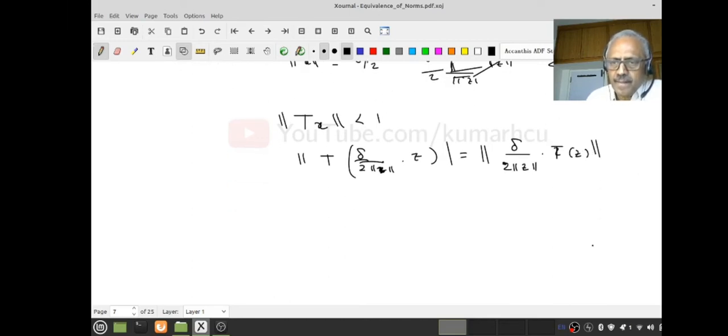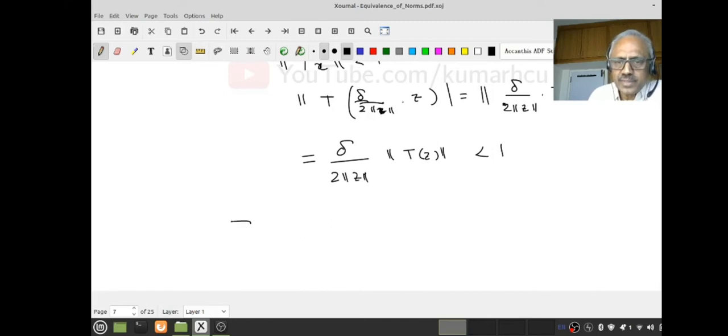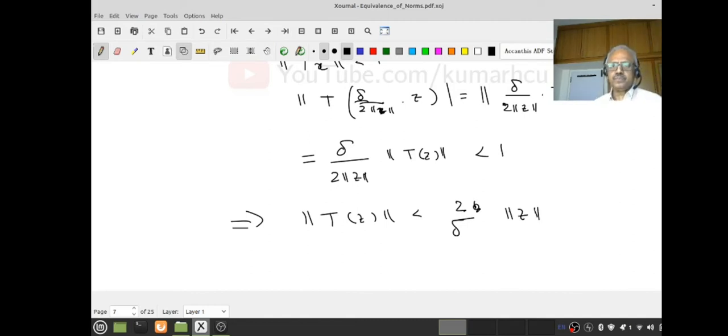But now delta by 2 norm z is a positive number, and by the norm property, this is delta by 2 norm z into norm of Tz. This is less than 1. So what does this imply? This implies norm of Tz is less than 2 by delta times norm z. This is for which z? For every z which is non-zero in X.